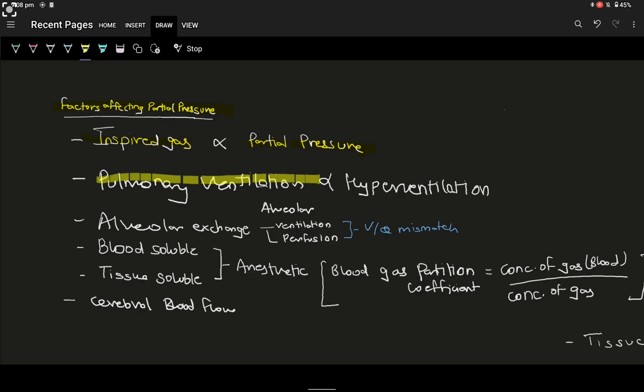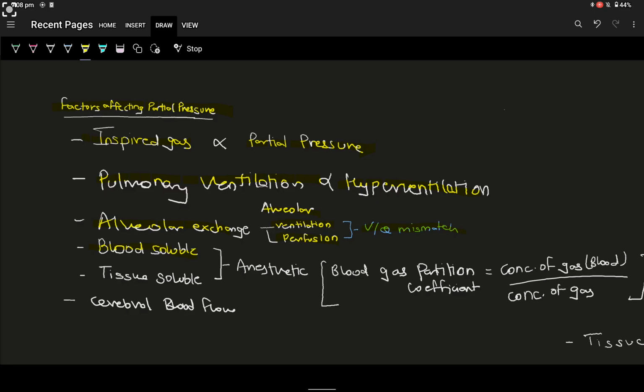Then we have the amount of ventilation which is occurring. If there is hyperventilation, the partial pressure would be high. In terms of alveolar exchange, it depends on alveolar ventilation and perfusion, and would be low or basically changed, increased or decreased, in case of any VQ mismatch.